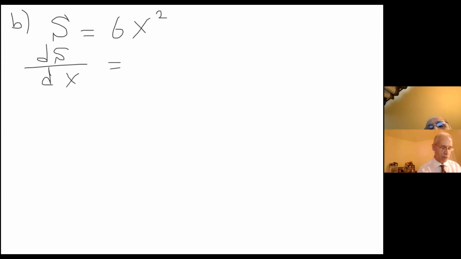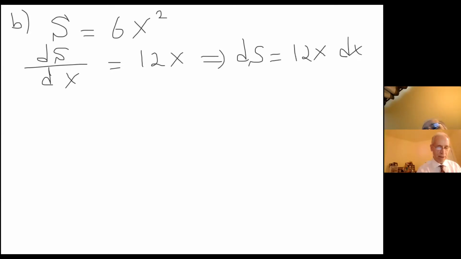So I have 6 times x squared for the surface area of any cube. So now if I take the derivative of both sides, I have dS/dx equals 12x, and this follows that dS equals 12x dx.